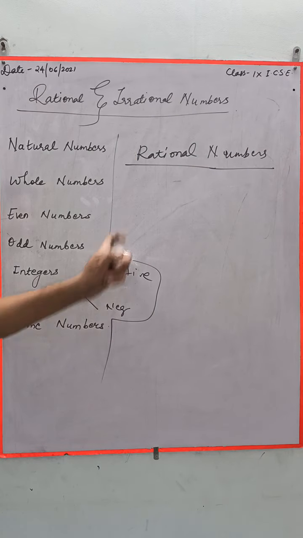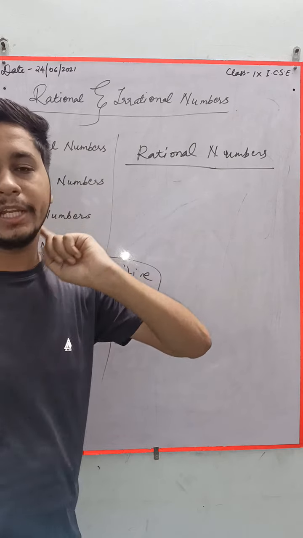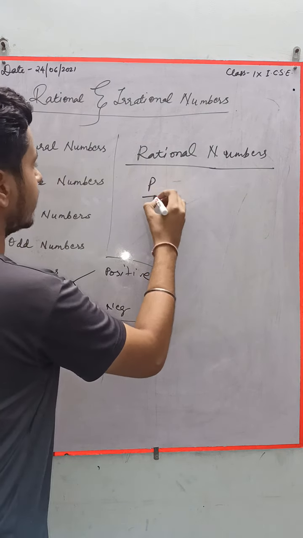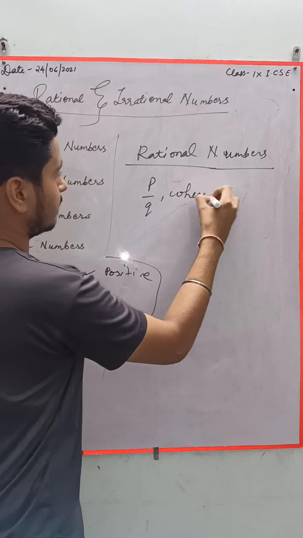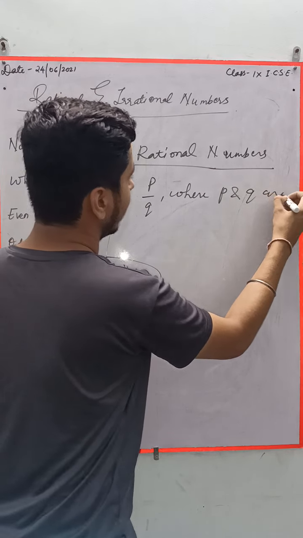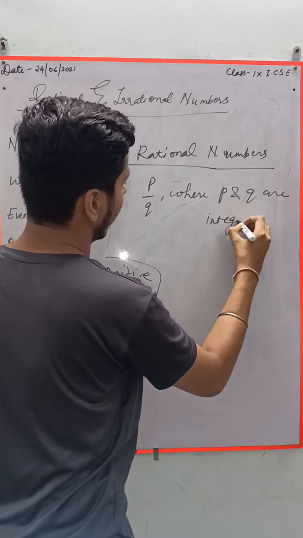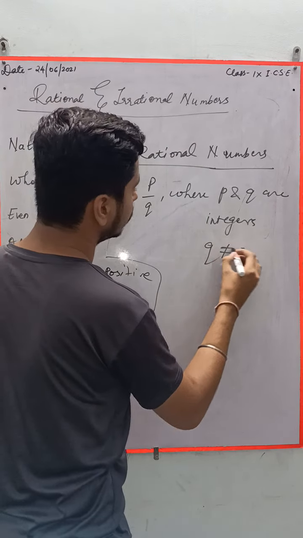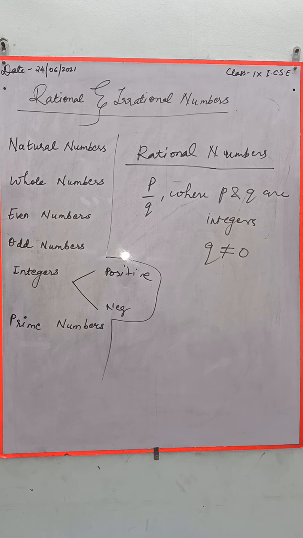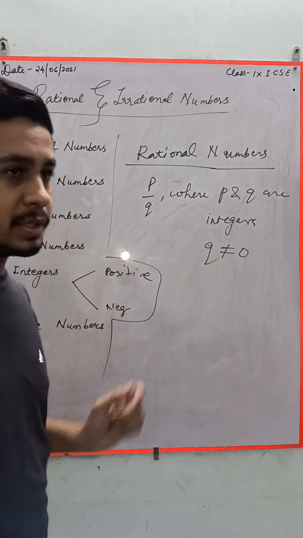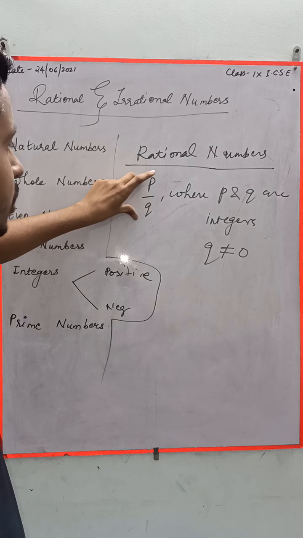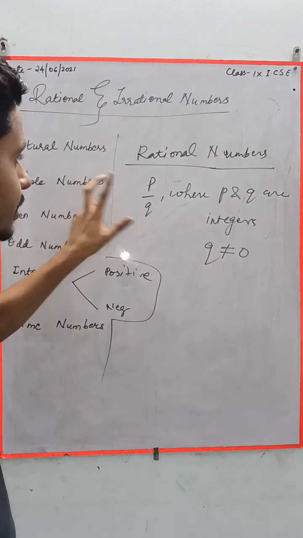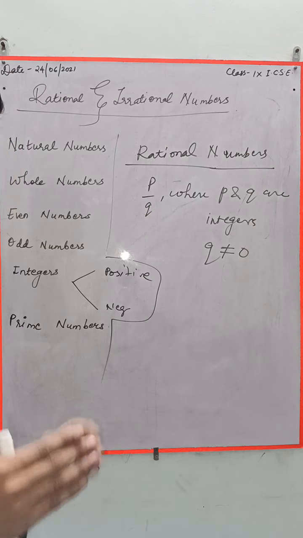Okay, so rational numbers are the numbers which are represented in the form p by q, where p and q are integers, and the very most important condition, q should not be equal to 0. Did you get this? That the numbers which can be represented in p by q form, where p and q are integers and q is not equal to 0. So this is the definition of rational numbers.